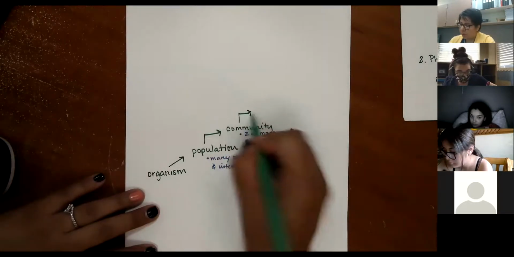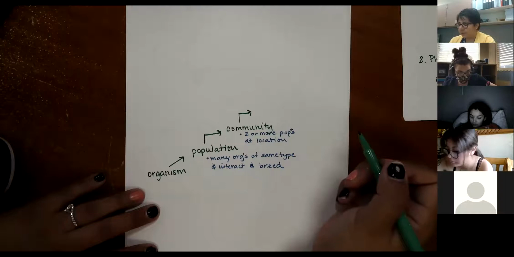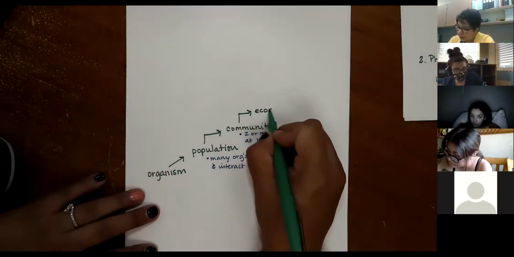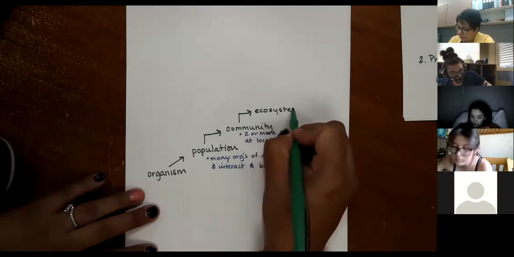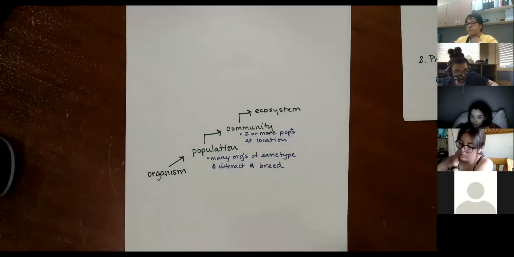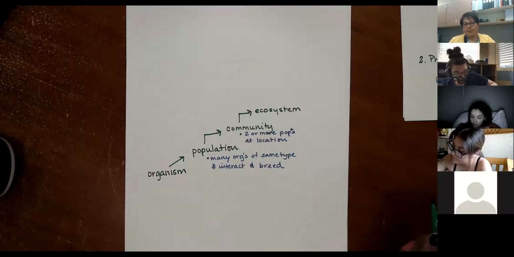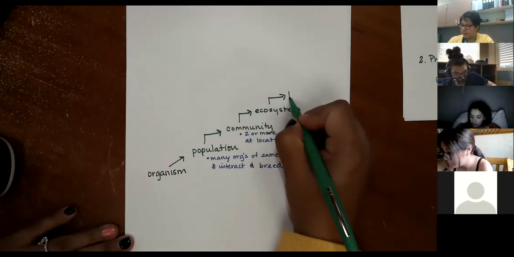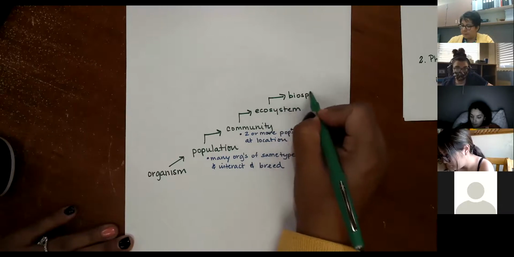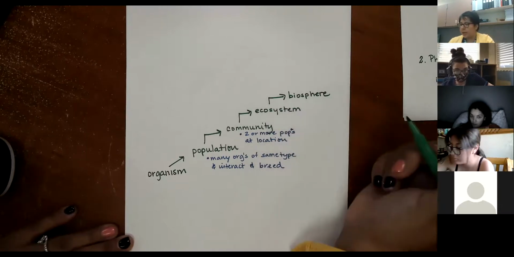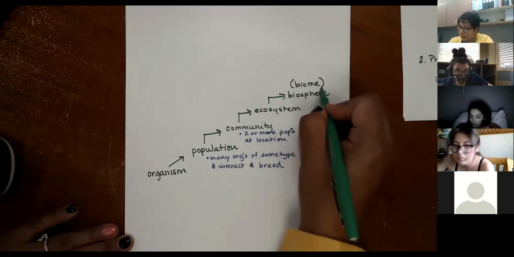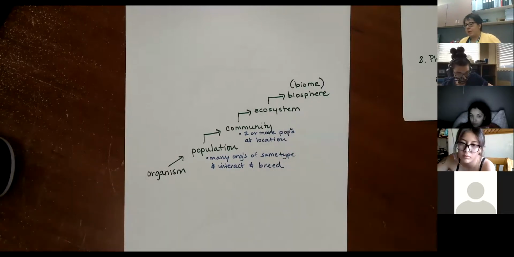And then two or more communities can constitute an ecosystem. And then all the ecosystems on the whole planet are located in the biosphere, or sometimes we refer to them as a biome. Many ecosystems.